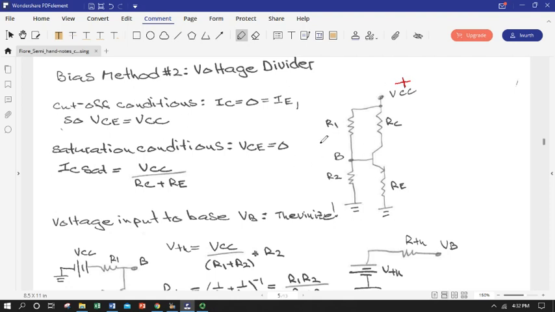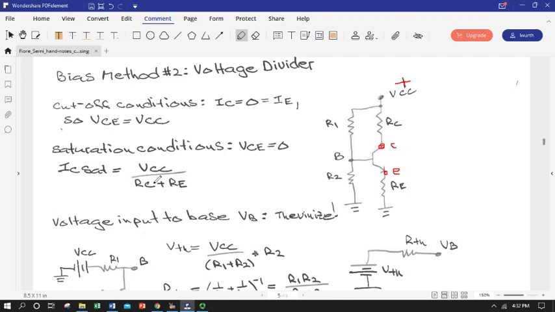So we can start the easy way looking at our cutoff and saturation conditions, because those don't care about the divider. For saturation conditions, we would assume that the voltage drop between C and E is 0, which means saturation current will just be our collector supply minus saturation current times R sub C minus saturation current times R sub E, and then we're at ground.